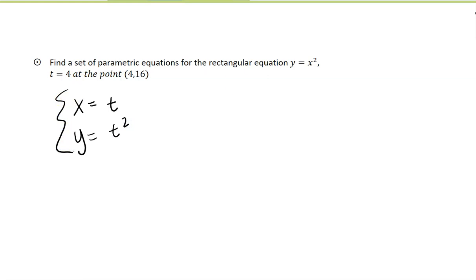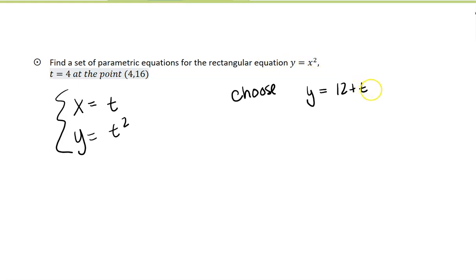You could also choose something like y equals 12 plus t. And that would give me y equals 12 plus 4, which is 16. And then you would have to adjust your x to meet with that. So x would have to be a plus or minus though, and that might be a little bit problematic because x is squared here.